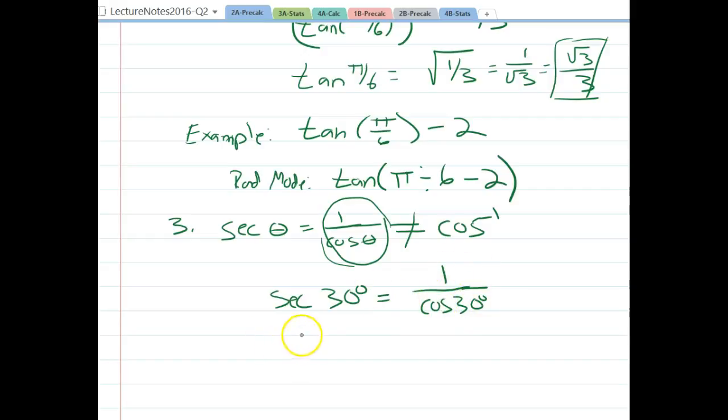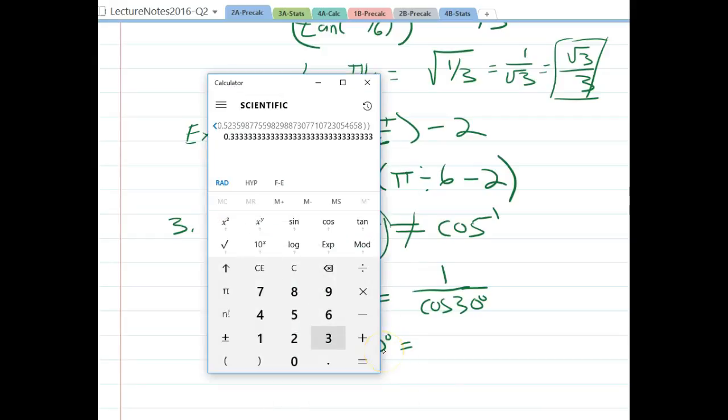So on my calculator, I'm going to take cosine of 30 degrees and get an answer, and then I'm going to invert that answer, and that's going to give me the secant. So cosine of 30 degrees, so I do 30 and then cosine. I'm in radians, so I go back to degrees.